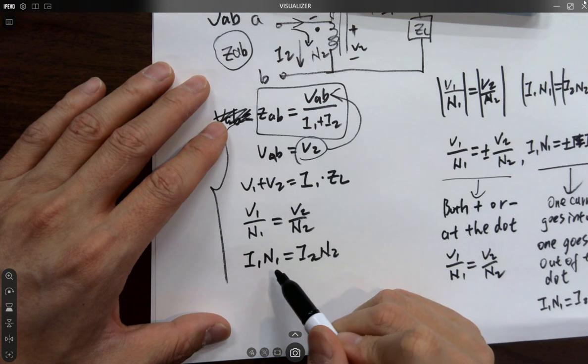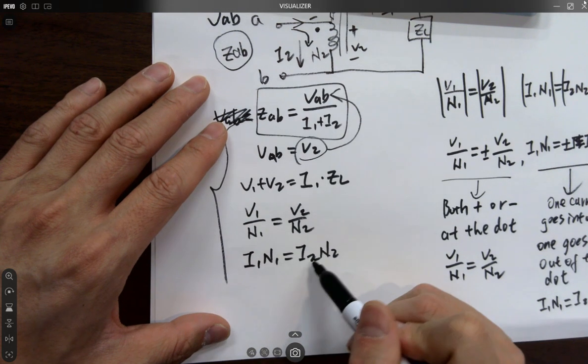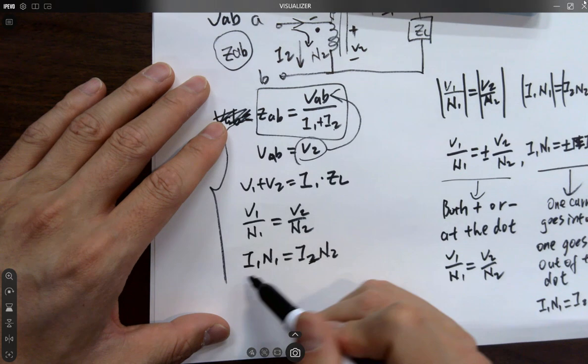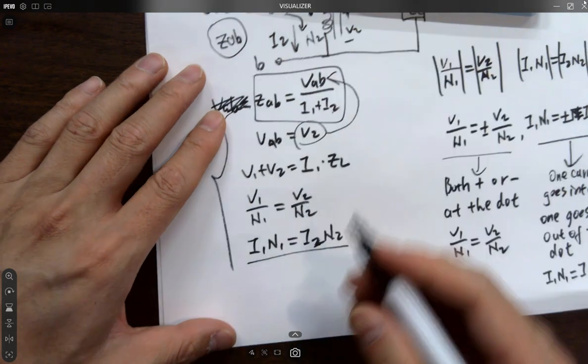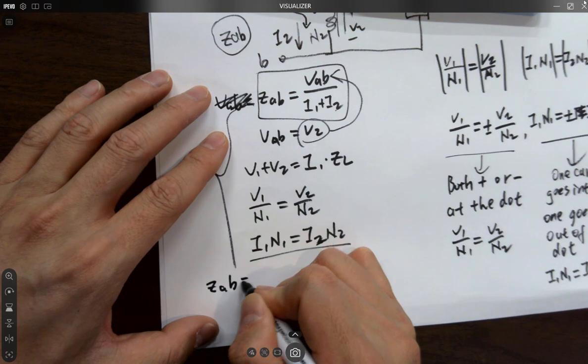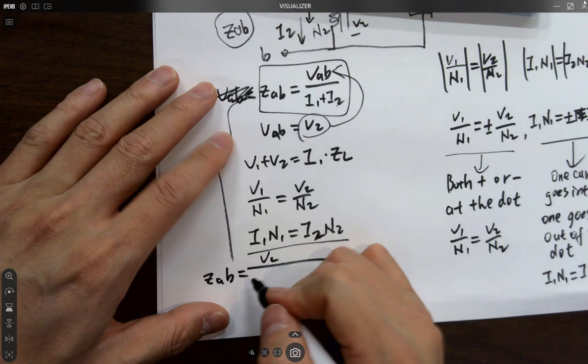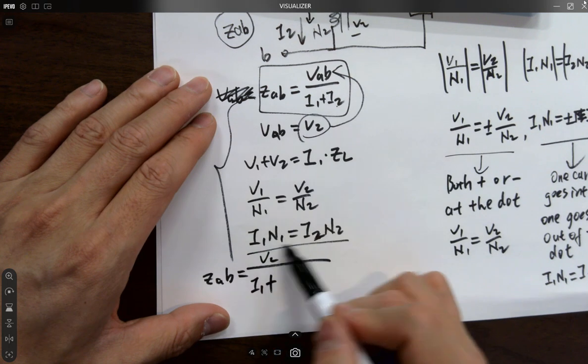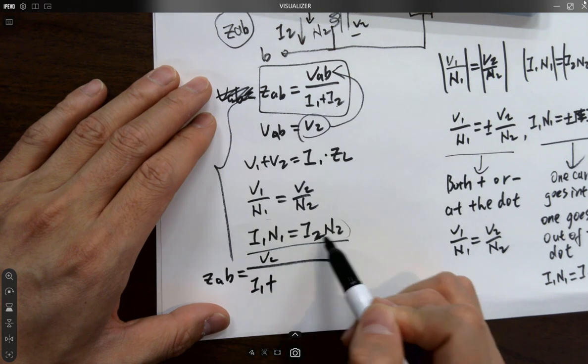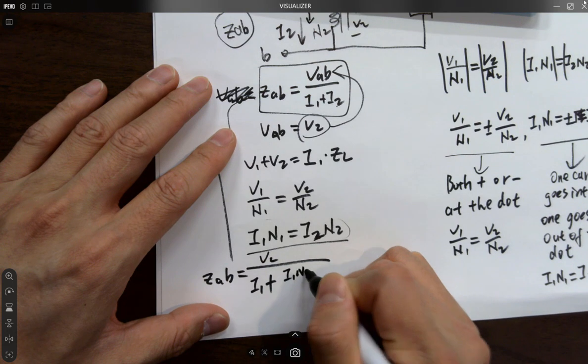I2 can be replaced by, I'll write it down, ZAB equals V2 over I1 plus this guy. I2 is I1 N1 over N2.